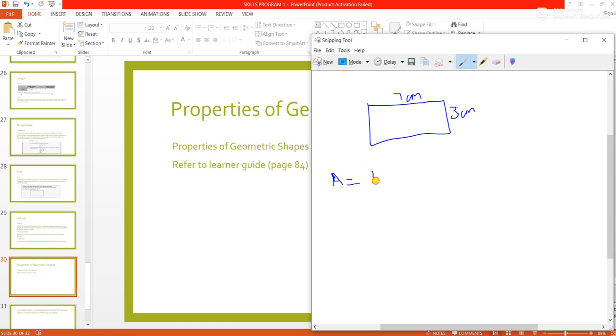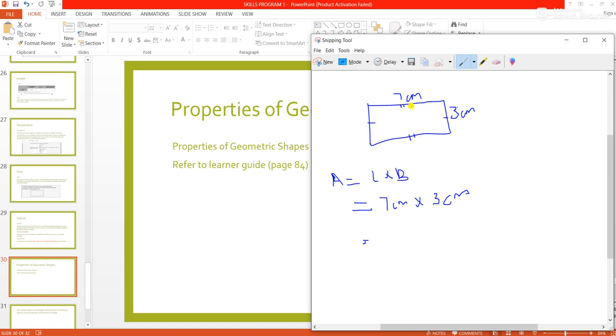We need to use the formula length times breadth. Your length is 7 times 3. What we need to know is that these sides are equal. So if this side is 7, this side is also 7.